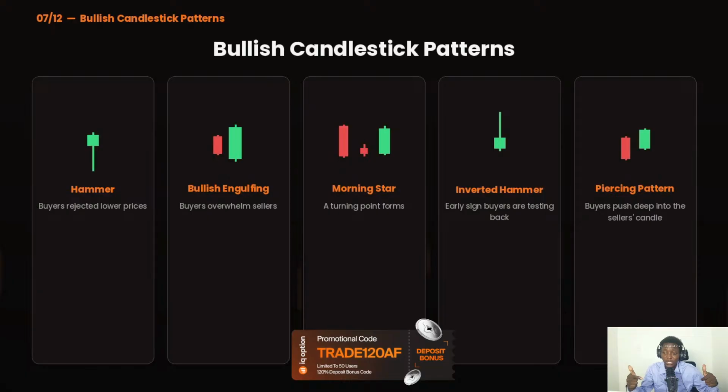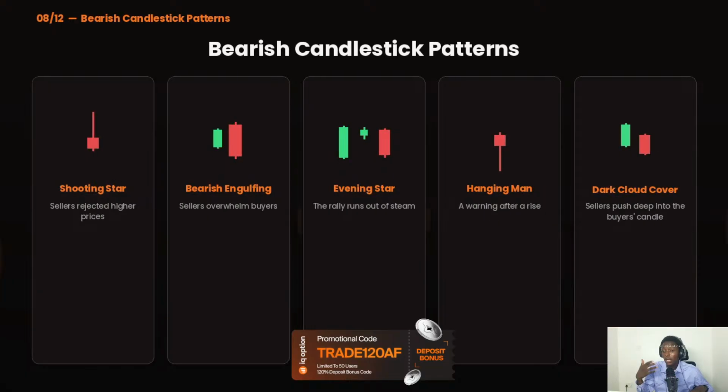The shooting star is like the hammer, but it is a hammer turned upside down, and the color is red. Green color represents buyers and a bullish market, and red color represents sellers and a bearish market. So it's very important for you guys, for the new folks, to understand what that means.